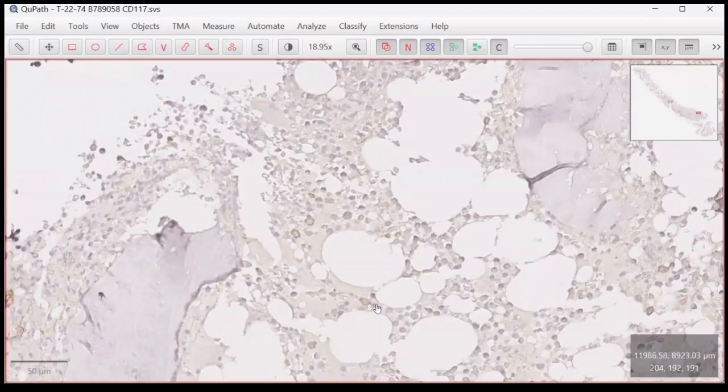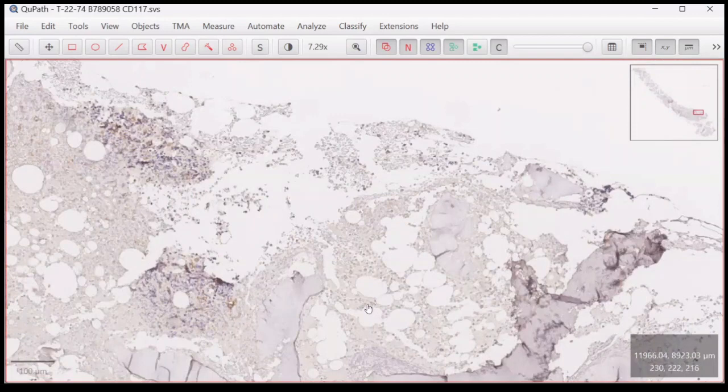Okay, then check on erythroid if any. Oh, we didn't have the erythroid. We need to check on erythroid just to indicate that the rest of the cells are showing erythroid regeneration, because under H&E we saw megakaryocytes just now.